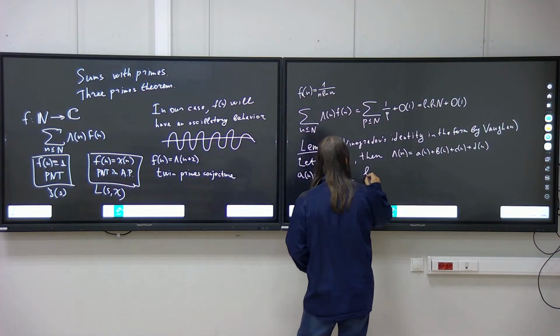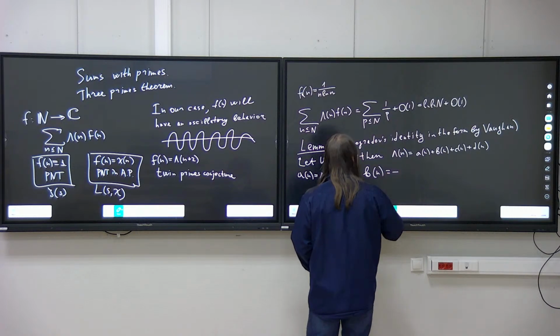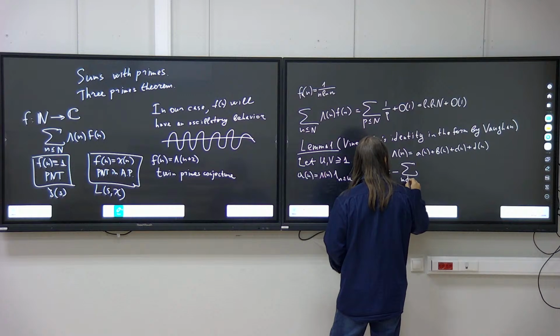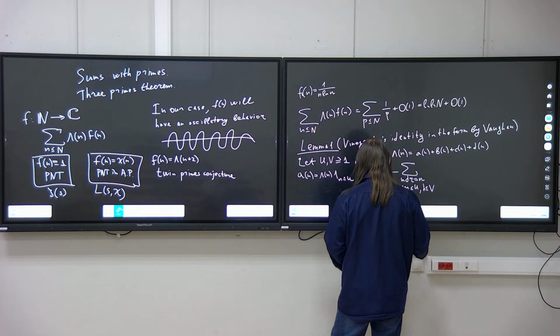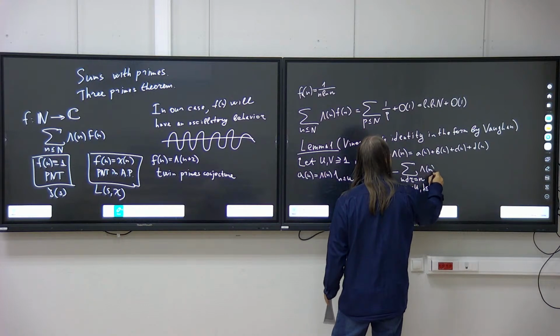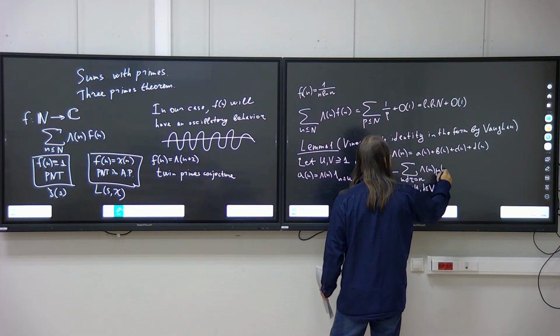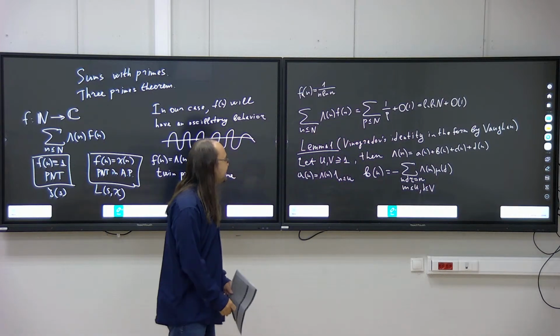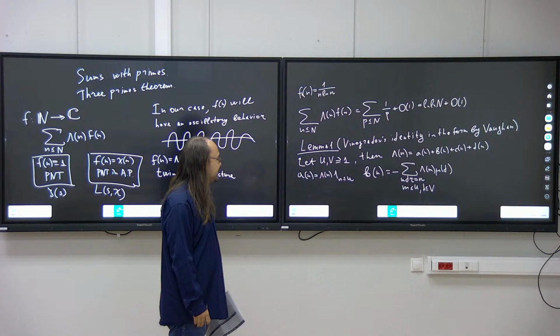And B of n will be minus the sum over all m times d times r equal to n, m less than or equal to U, and d less than or equal to V, lambda of m, mu of d. So at first sight, this will be incredibly unhelpful.